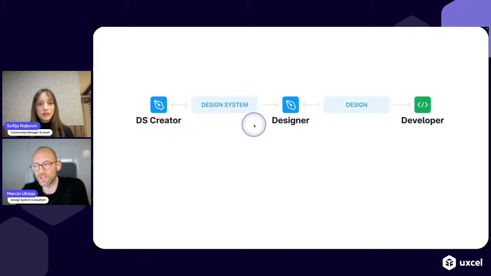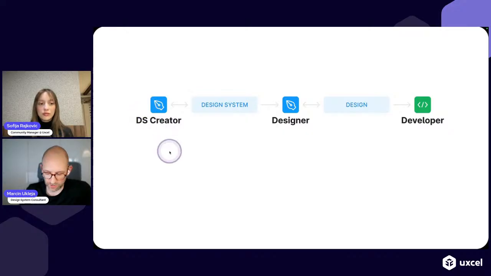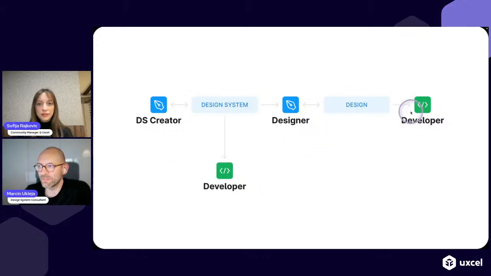The relation here is quite similar: the design system as an artifact impacts the designer, but also these creators. And we have developers here as well. These are sometimes not the same developers. In larger organizations they are part of the design system team, dedicated to developing the design system only.